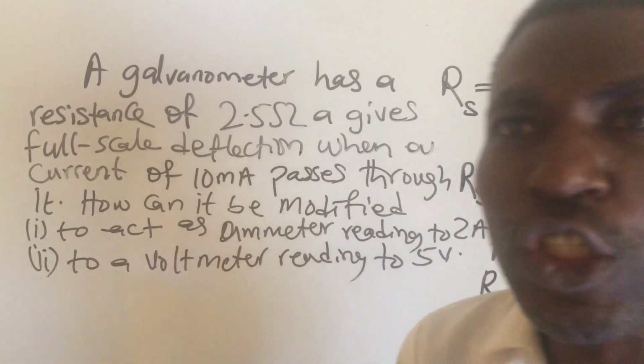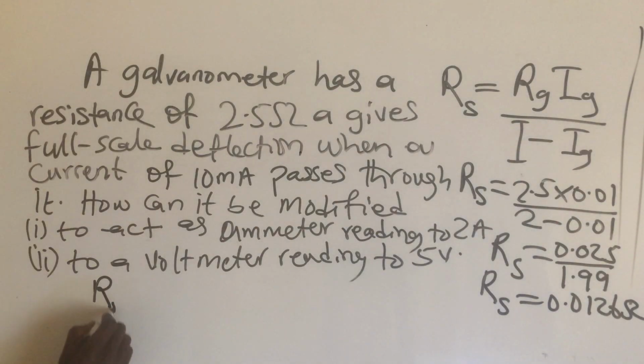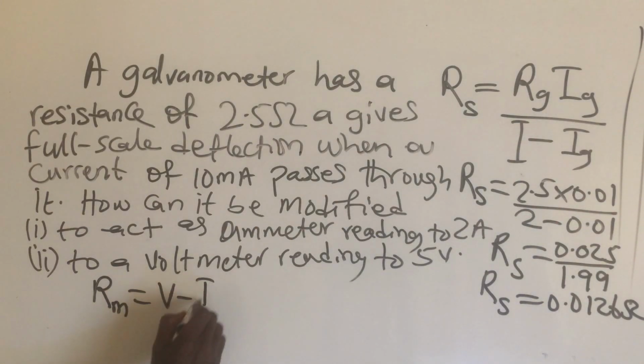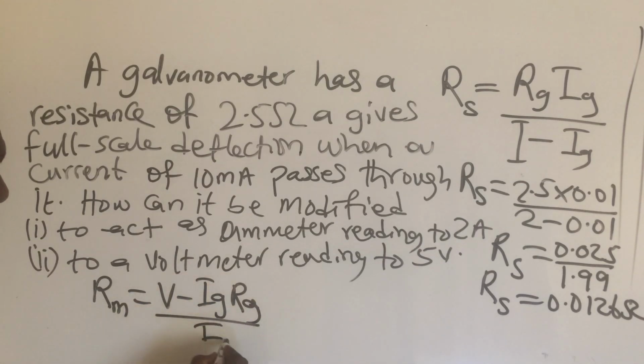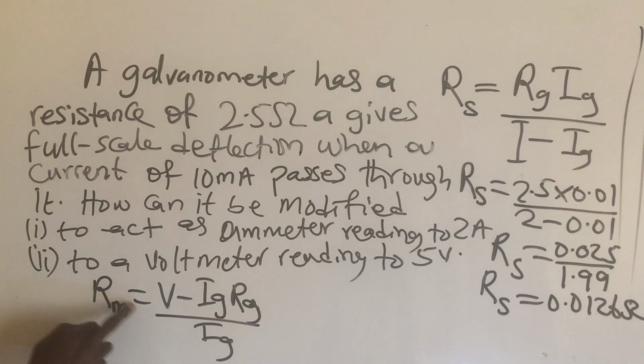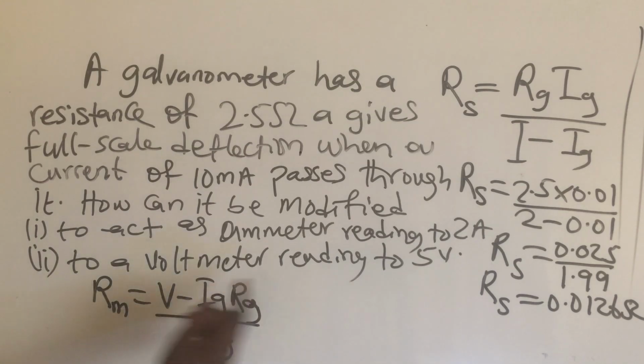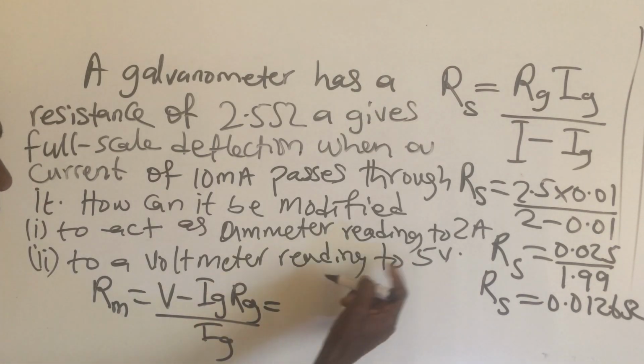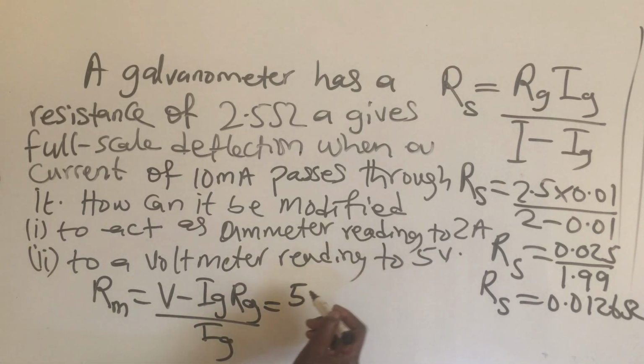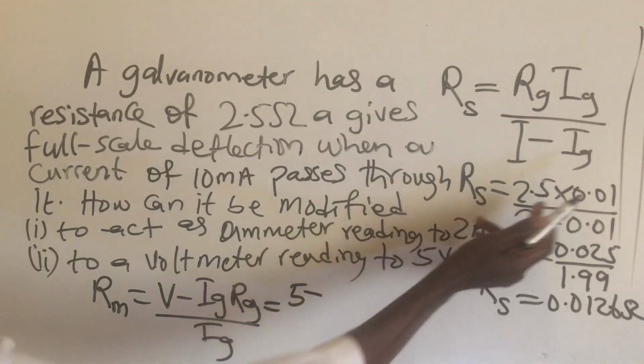Now the formula for it is Rm equals V minus Ig Rg all over Ig, where Rm stands for the multiplier resistance, V is the voltage we want to convert it to, minus the current of the galvanometer times the resistance of the galvanometer, all over the current of the galvanometer.